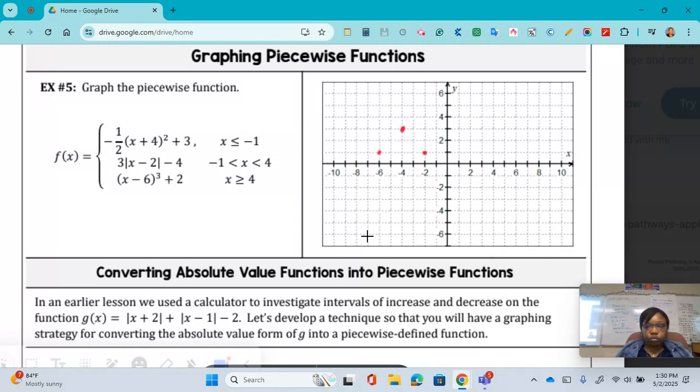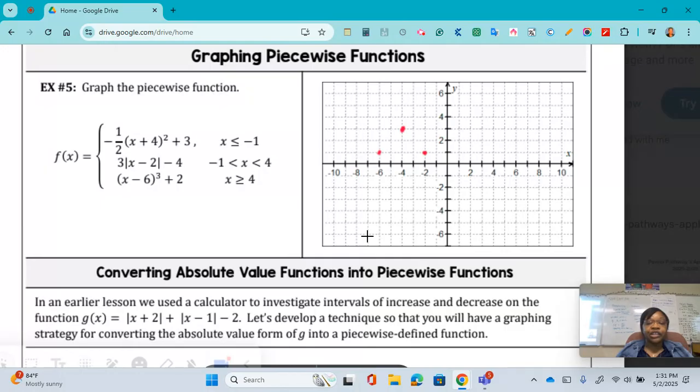Now, we have to base it off the restriction. This is only for x values that are what? Excellent. Less than or equal to -1. So I'm not going to go past -1.